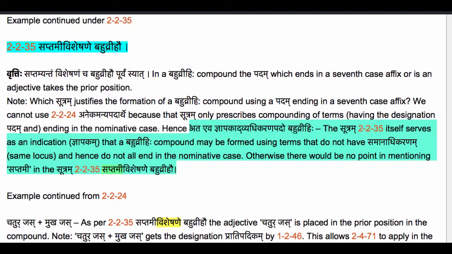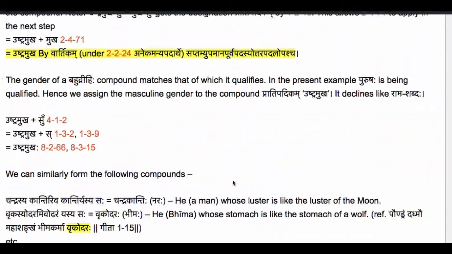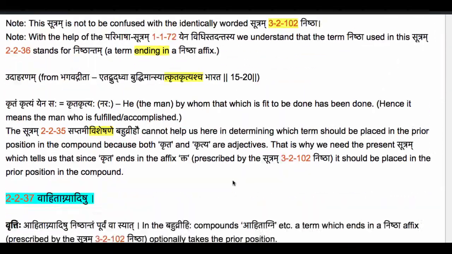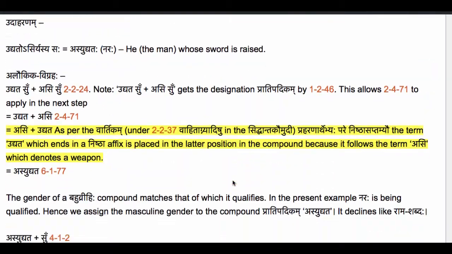Hence, ata eva jnapakad vyadhikarana pado bahuvrihi. The sutram 2-2-35 itself serves as an indication, a jnapakam, that a bahuvrihi compound may be formed using terms that do not have samanadhikaranam, same locus, and hence do not all end in the nominative case. Otherwise, there would be no point in mentioning saptami in the sutram 2-2-35 saptami visheshane bahuvrihau. So we use that jnapakam here to justify this compounding between danda su and pani ni.